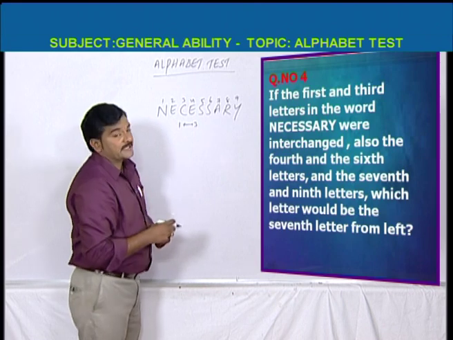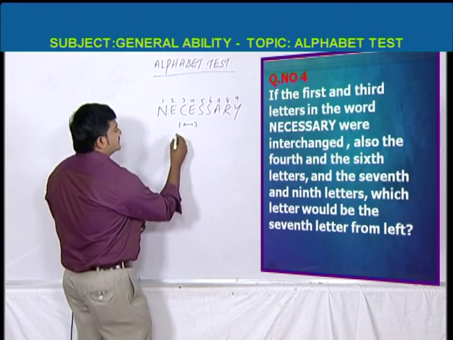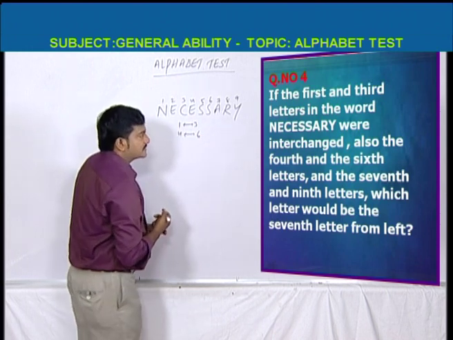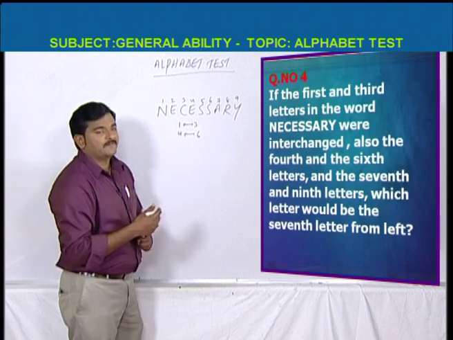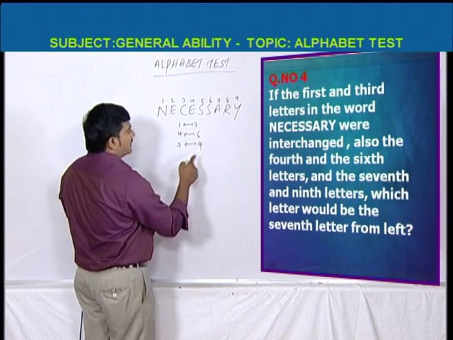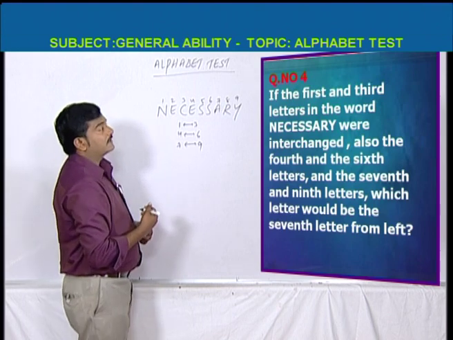Similarly, after the first and third interchange, also the fourth and sixth. Similarly again, he asked to interchange the 7th and 9th letters. He asked to interchange all these letter positions in the given word necessary.